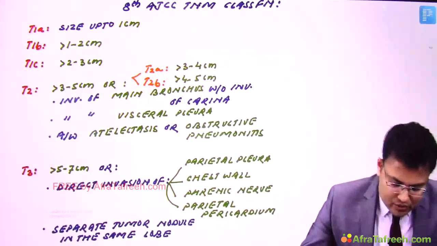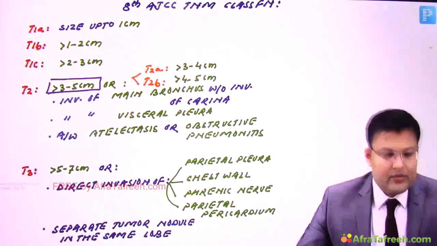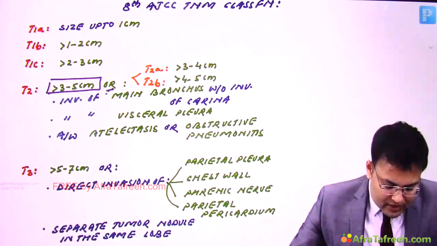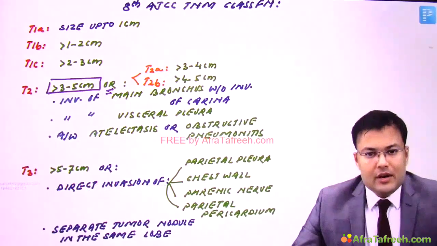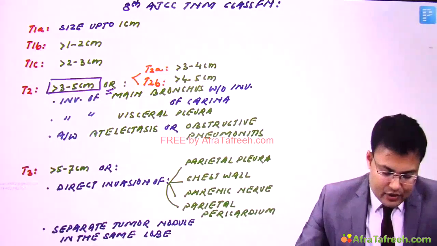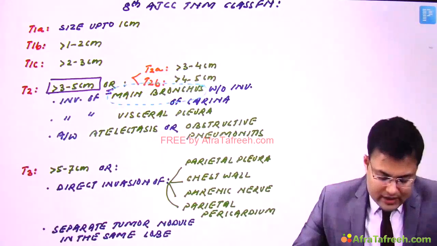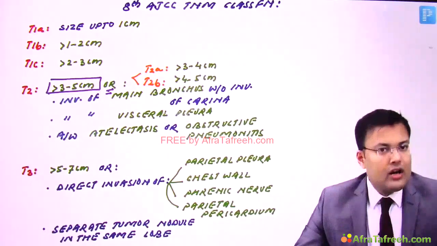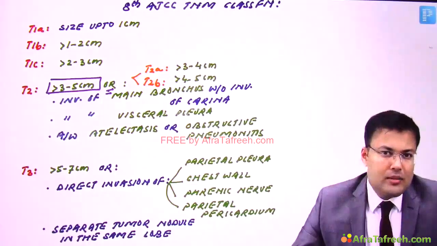Now, if we see T2, first, if the size is more than 3 to 5, we have to include it in T2. Okay, and irrespective of size, if there is involvement of main bronchus without involvement of carina, or there is involvement of visceral pleura, clear, or the patient is having atelectasis or obstructive pneumonitis, all these will be included in T2.